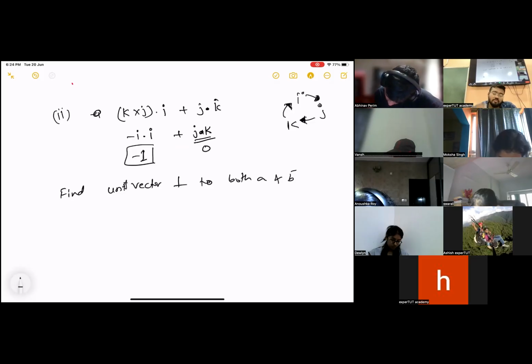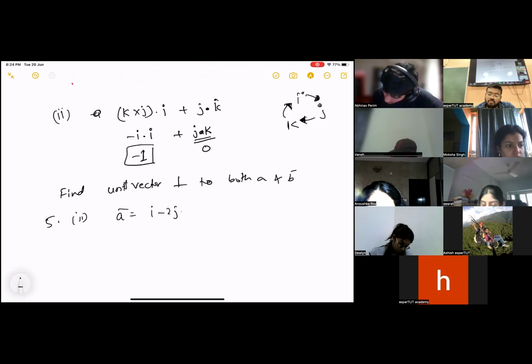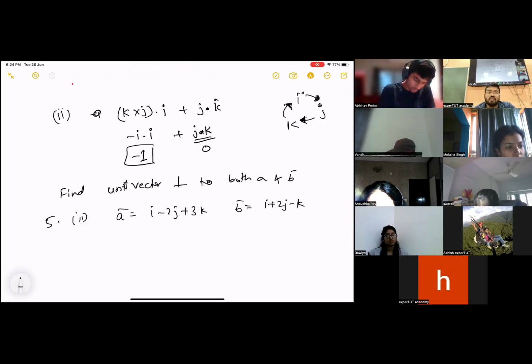So for example, question number 5, part 2. A is I minus 2j plus 3k and B is I plus 2j minus k. First we find the vector which is perpendicular to A and B, which is A cross B.